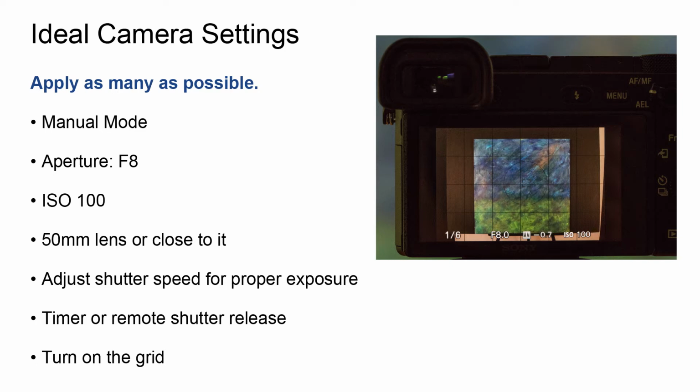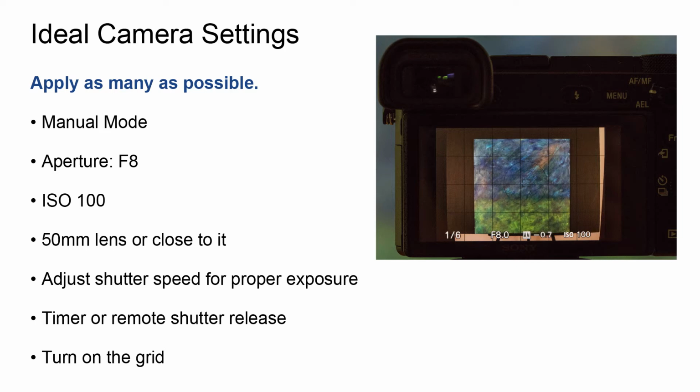But the aperture, set at f8. The reason is it gives a lot of depth. Especially if you have a lot of texture to your painting, it'll make sure it captures it all. I should note, you're going to want these settings on a tripod.